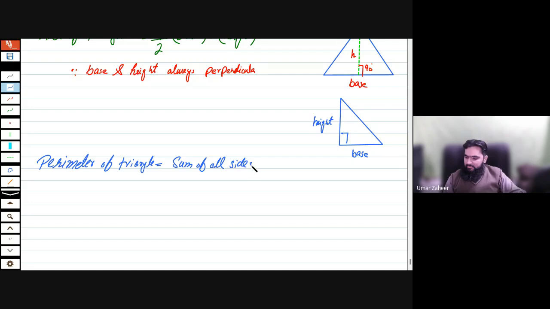For example, if I draw a triangle, let's say it is A, it is B, it is C. So it is A plus B plus C. That is the perimeter. Perimeter is basically the length of the boundary. A plus B plus C, that is the perimeter.